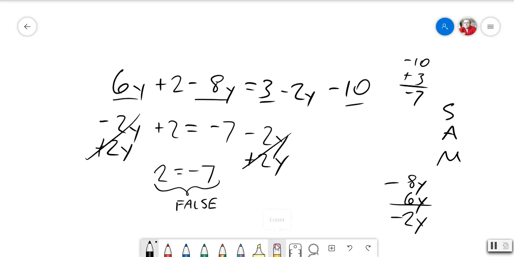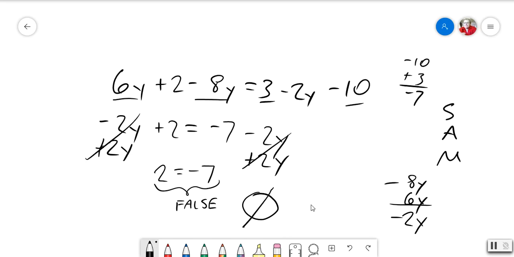So, what does that mean? What that means is no answer exists for this equation. Now, when I say no answer exists, I don't mean 0, because 0 is an answer. I mean nothing even exists. This is the answer.